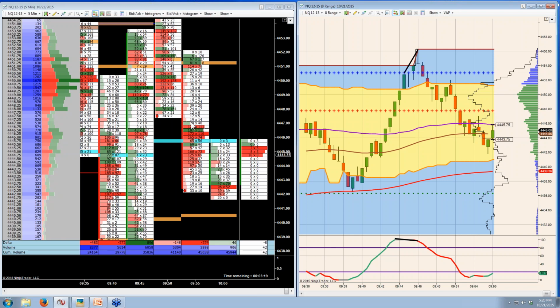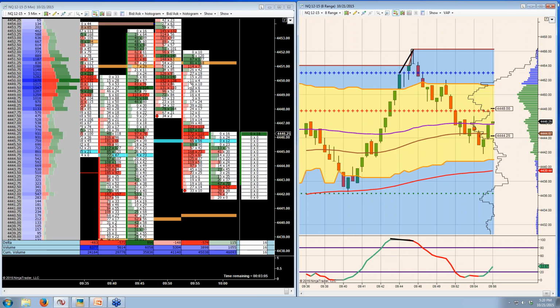If it breaks this area right here where we've got this high volume area, then you can see we don't have a lot going on in this last 5-minute bar, but over here we do. So it might pop up to this area at like 50, 51, and then the next test would be the next high volume area here.